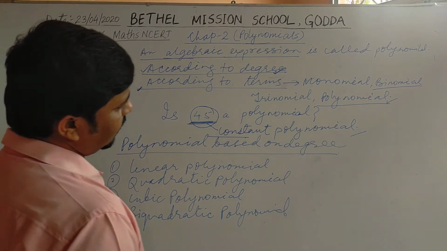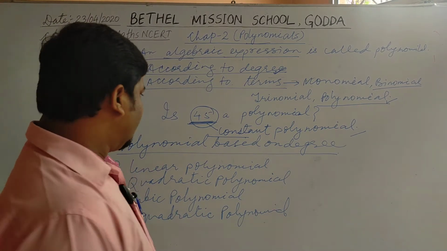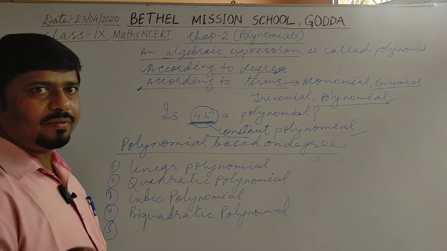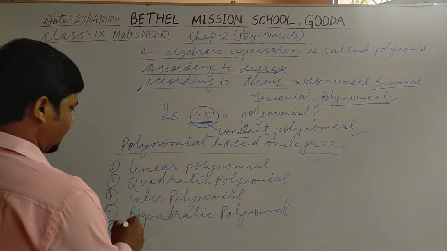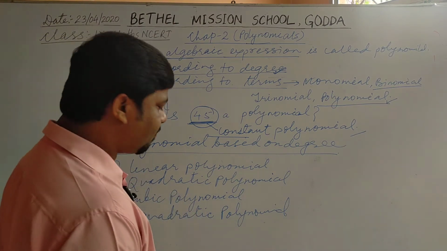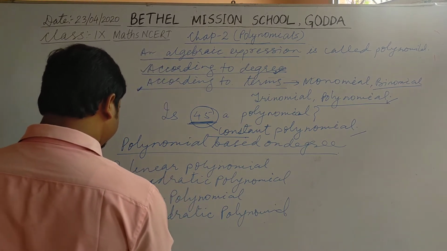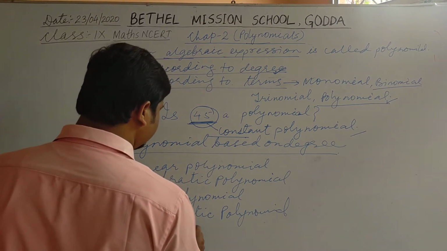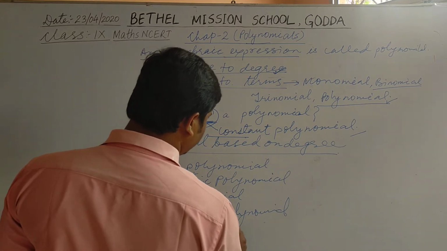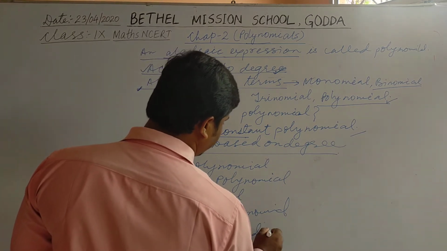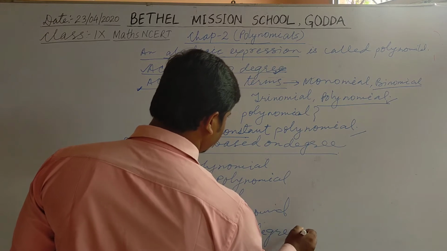And next, if the polynomial has the degree 5, then what we will say? That is called polynomial with degree 5. We will read like that: the polynomial with degree 5.